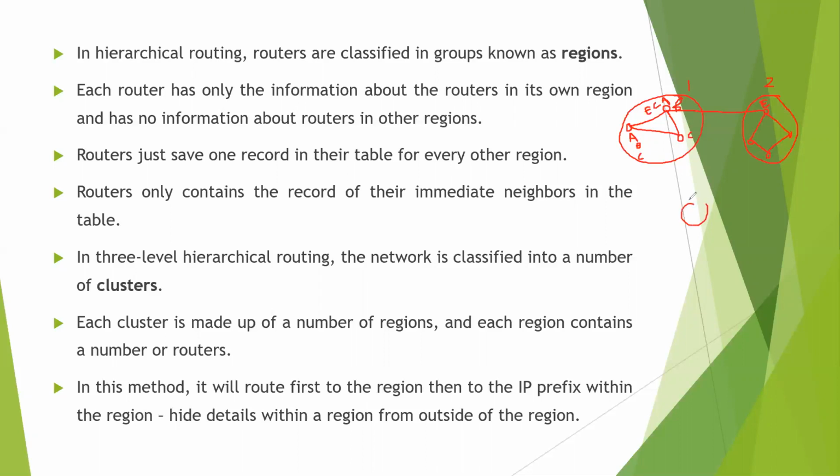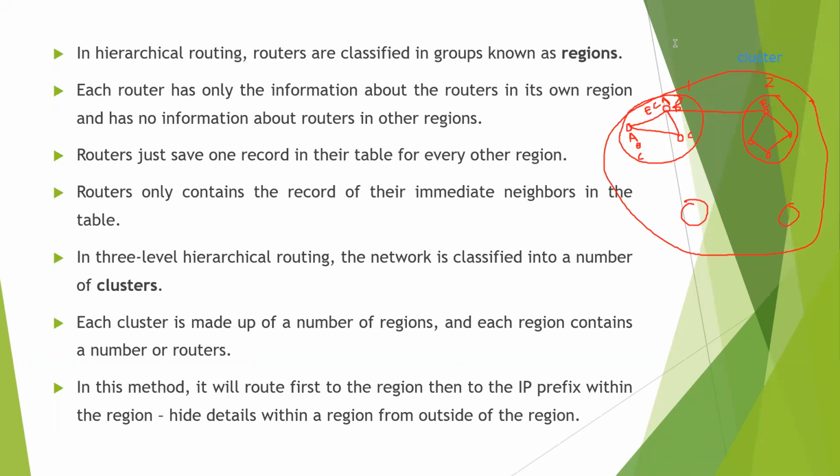Similarly, there can be region number 3, 4, 5. If the number of routers is increasing, then we can convert this to level 3 hierarchical routing by considering a group of regions as one cluster. So this total group of regions, I will call a cluster.